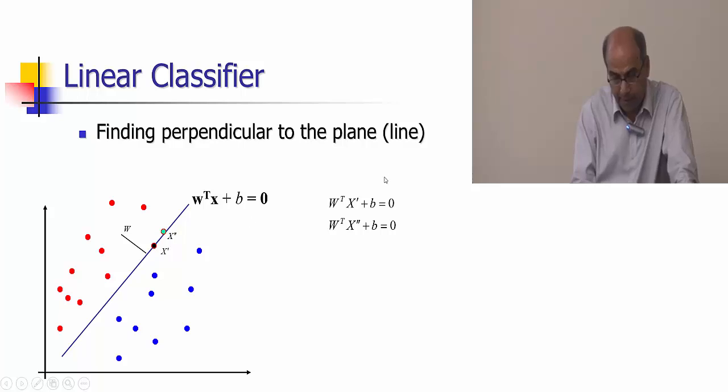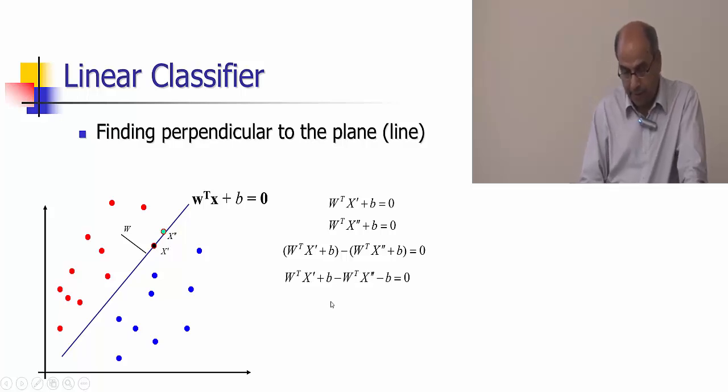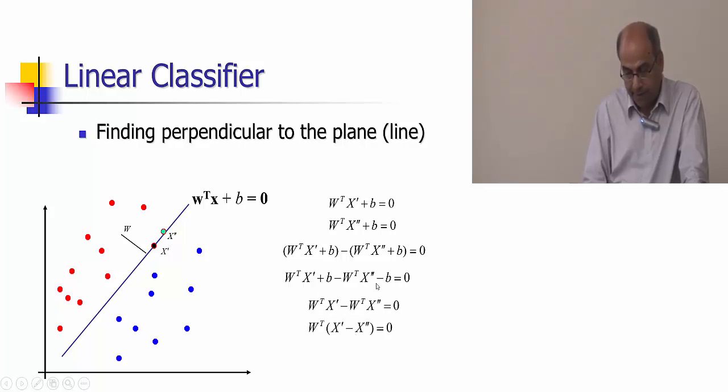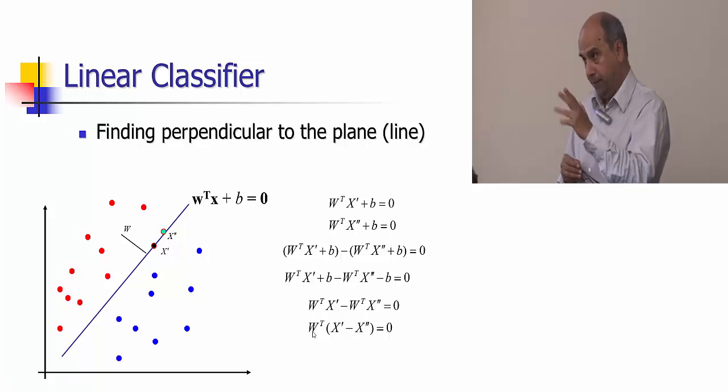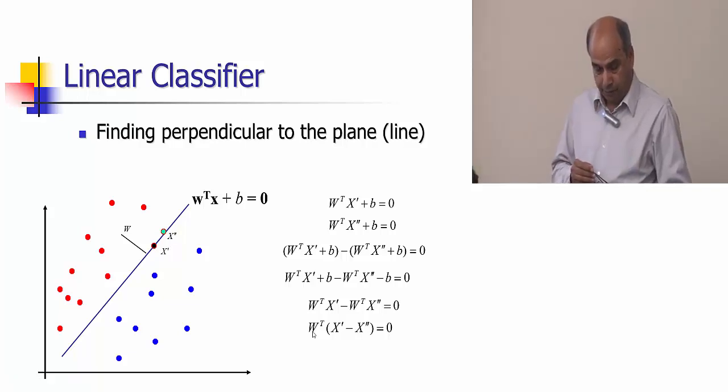We can subtract them, and rearrange this. The b will cancel with b, and W can come out, times x prime minus x double prime. Now this is a line from x prime to x double prime, because 2 points you connect become a line, so this is a vector, and W is another vector, so this is a dot product of 2 vectors. It's equal to 0, which means W is perpendicular to the line. So that's one thing you need to know, which we are going to use.